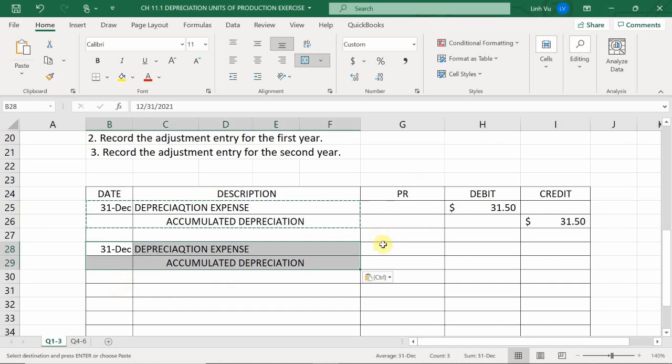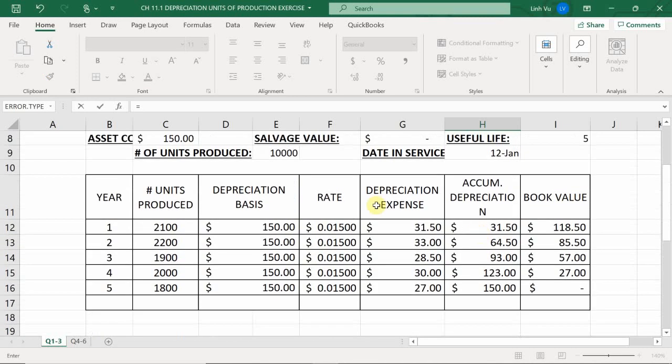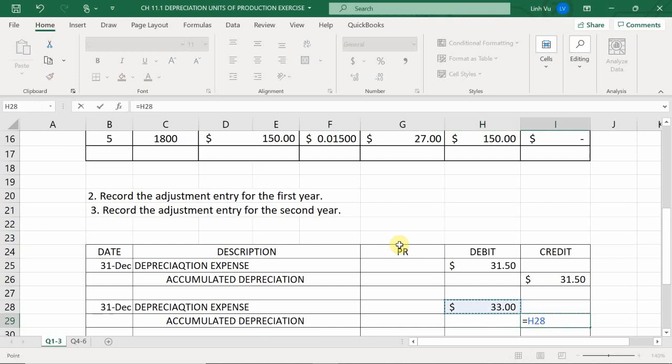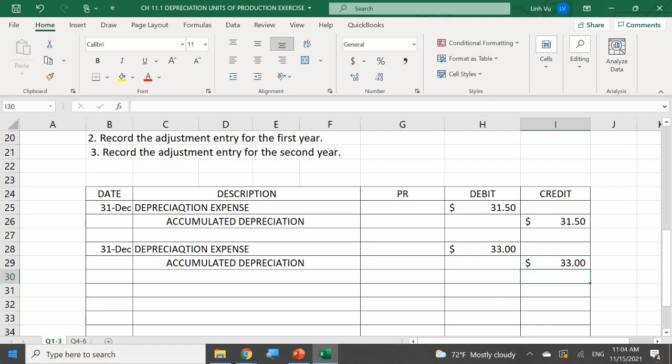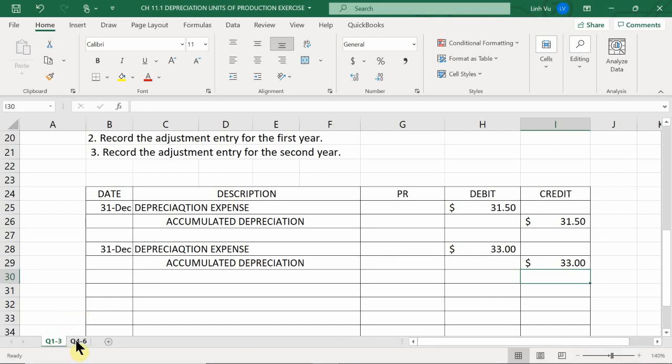But this time, instead of depreciating it for $31.50, it is now $33 because it's the second year. All right? Everyone good? Any questions here? Okay.